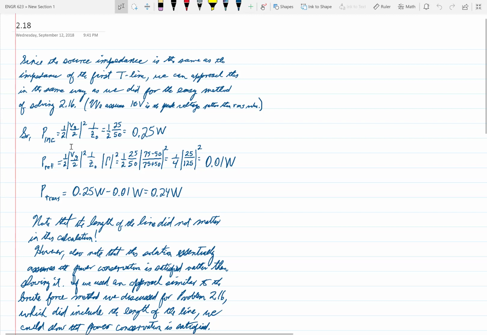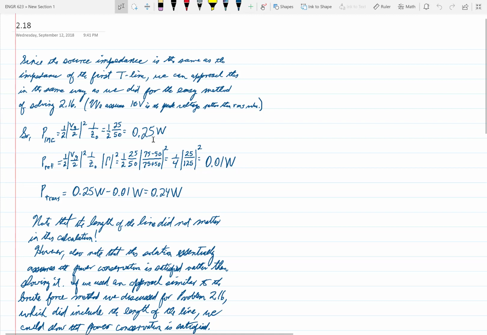Everything else here, I believe, is self-explanatory, and so we get 0.25 watts as the incident power. Then for the reflected power, when we use the formula for gamma, Z load minus Z characteristic over Z load plus Z characteristic, we get 0.01 watts.